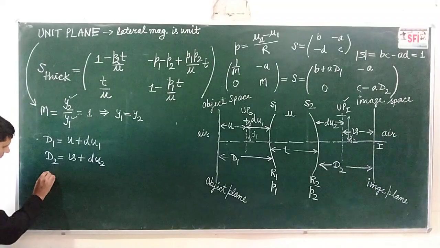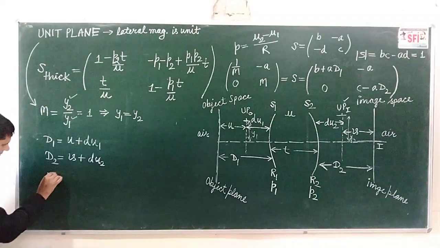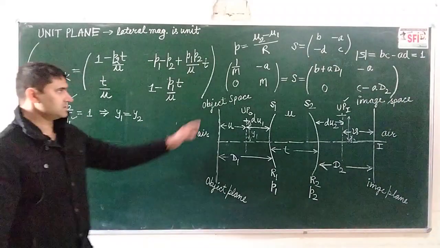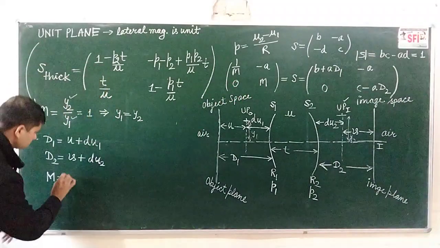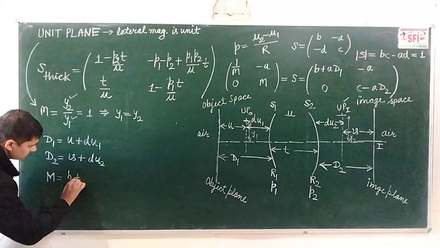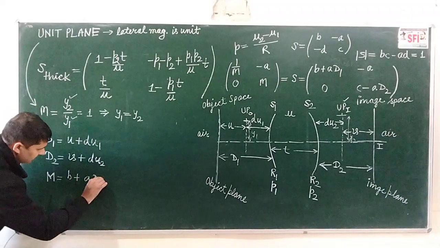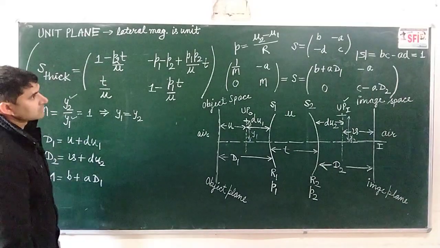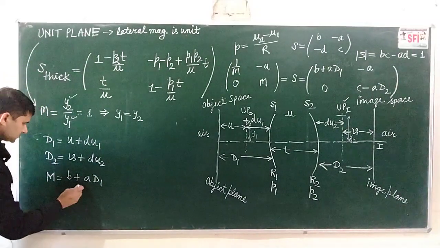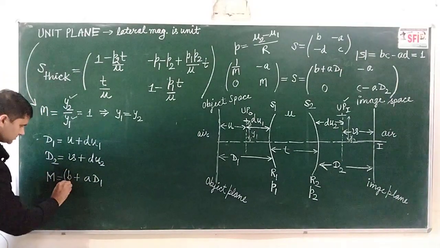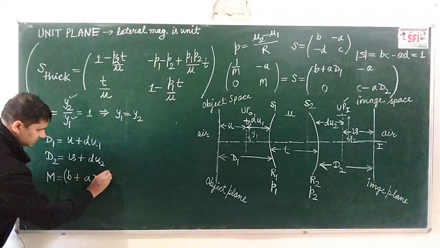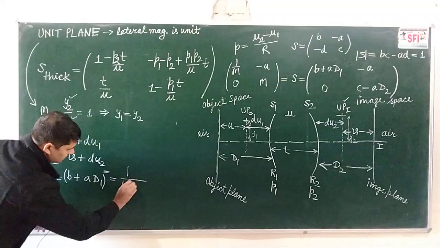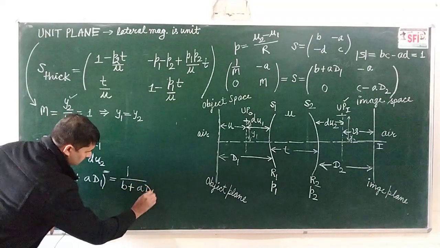So here we have the magnification m. From this matrix we have b plus a d1, okay, b plus a d1 inverse. Inverse, or you can write it as 1 by b plus a d1.